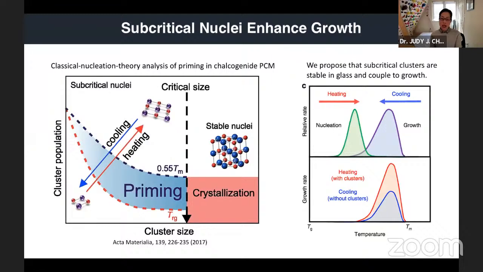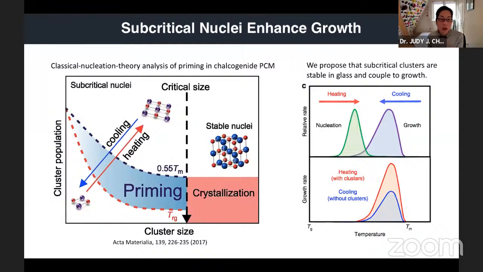But what we're now saying is that these subcritical nuclei not only enhance the rate of nucleation, but they can also enhance the growth rate. And since we have many of these subcritical nuclei baked into the glass state of our metallic glass, that's why the growth rate fluctuates, because as the growth front is meeting these subcritical nuclei, it enhances the growth rate.